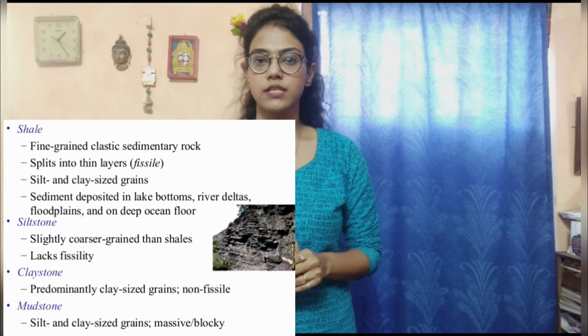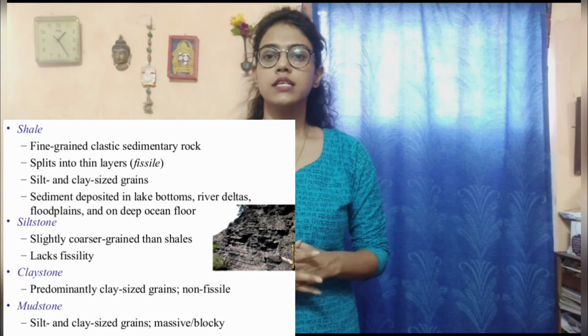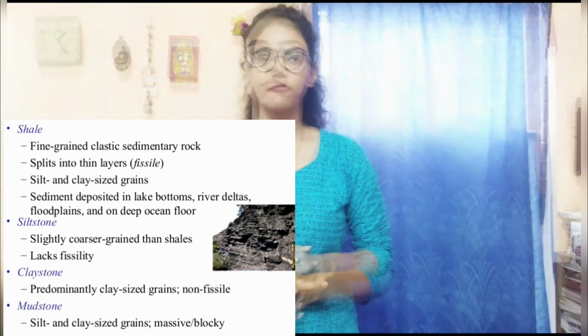That is conglomerate. And shale, that is also called mudstone. Here the clay and the mud are commonly found, and this is the most abundant sedimentary rock we can find.